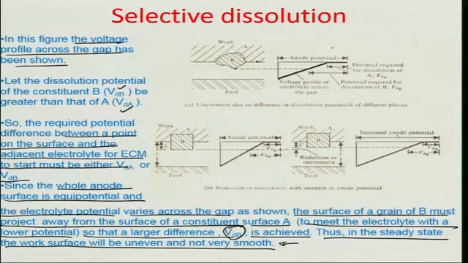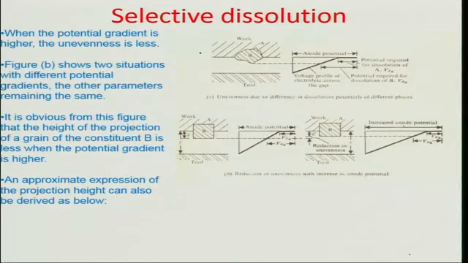Obviously, we are working on the differences of potential here, one has to remember, that is V cathode minus V anode. That is how the difference comes in this particular case, and therefore, there is a very good reason why unevenness in the surface should happen, because of the different dissolution potentials VDA and VDB. The other interesting issue is that as a function of the interelectrode gap, this roughness would still vary, because it may have to project inwards more or less depending on how steep the slope is.